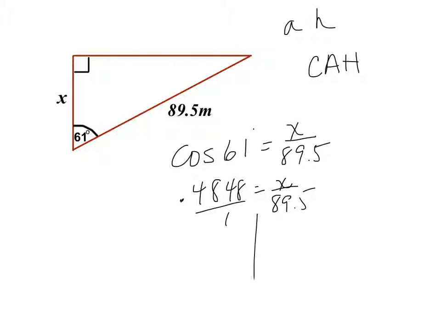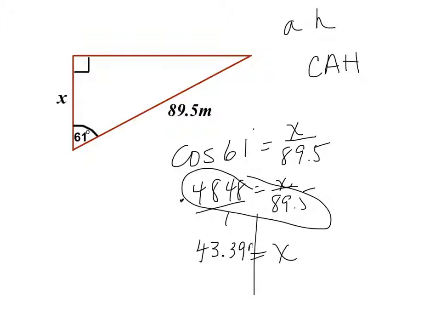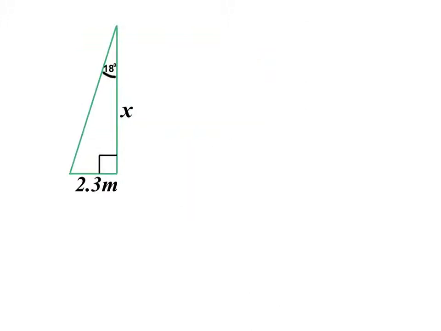Put that over 1. Cross products, what actually winds up happening, just multiply the two, 0.4848 times 89.5, and that does give me 43.39 meters. Last one.